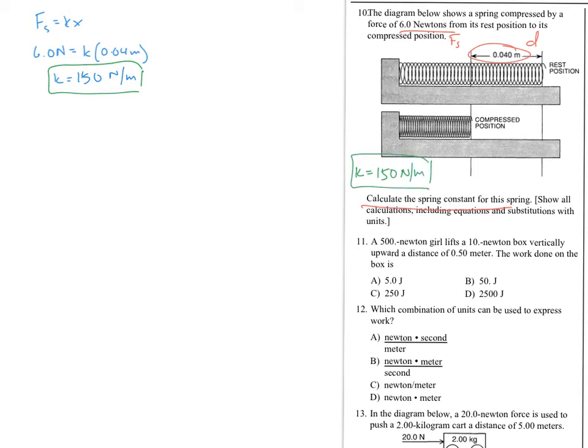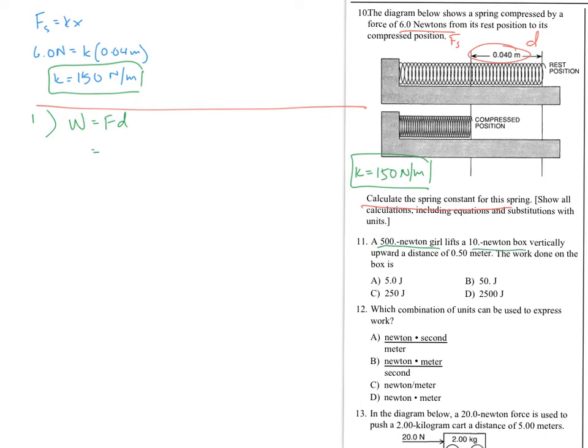Okay, 11. Work. We're looking for work. Let's put a line to separate. You want to be careful here because we have two different forces, two different weights, the weight of the girl and the weight of the box.